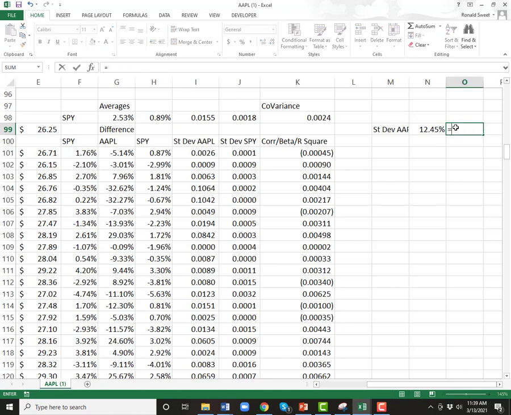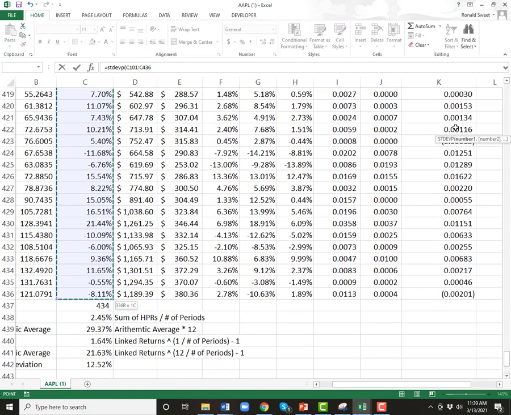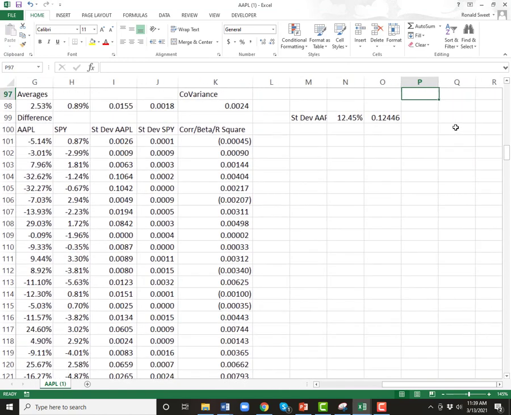Let's test it. Equal STDEVP. Let's go back over to our Apple data, and let's see if we get that standard deviation. And sure enough, we get the exact same answer. Now let's do that for the SPY.